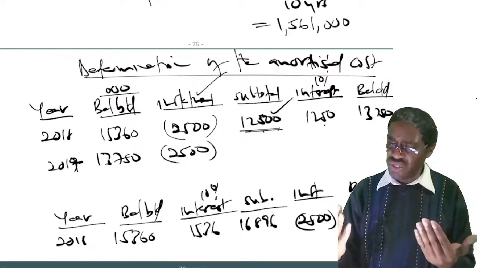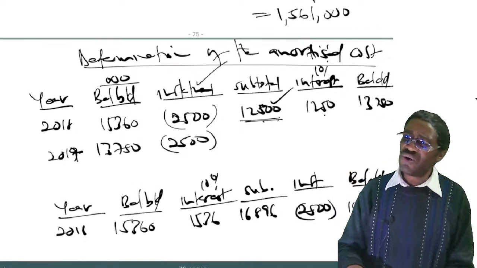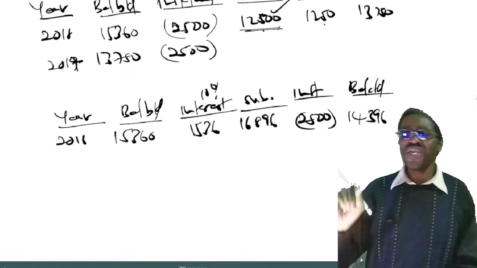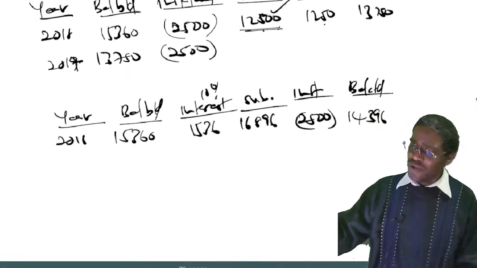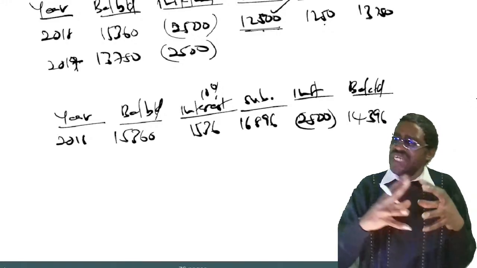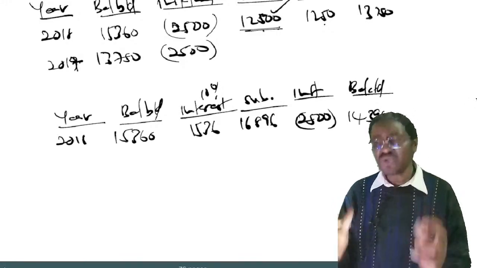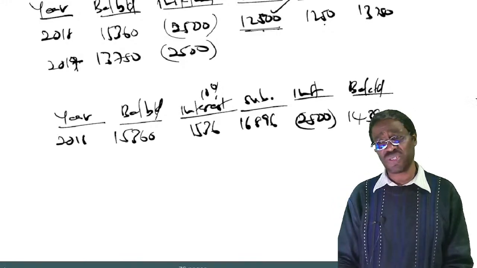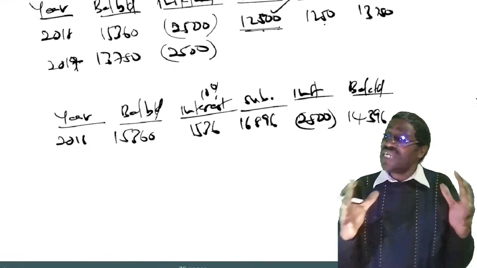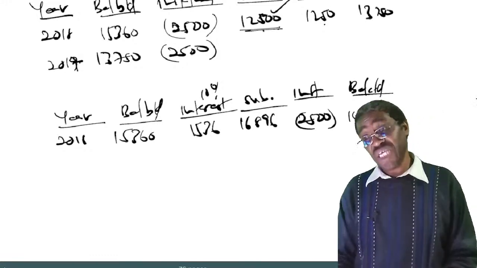If the question is one where you are paying your installments in arrears, then you are paying your installment at the end of the year. So your lease liability by the beginning will be the one to accrue interest for the whole year before we come to pay the installment. Before we pay the installment, our liability would already have been charged interest.